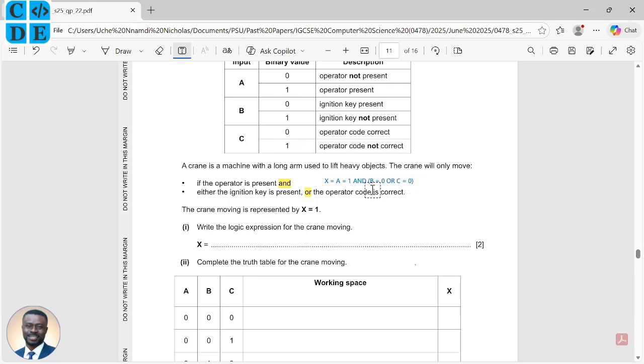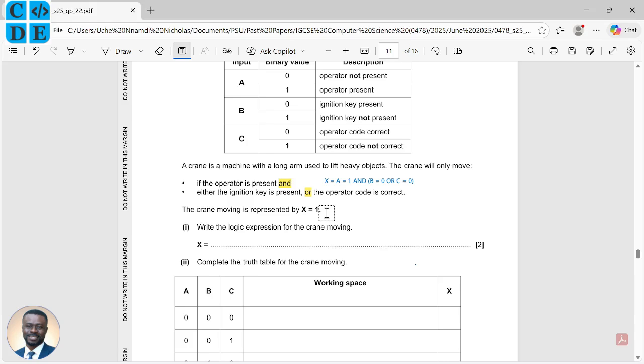Now, if we truly do it this way, we would realize that when we do OR 0 and then AND it with the result of 1, this will give us 0. So it's not going to truly give us the one that we actually expect. Take note that number 1, the output S equals 1 means that the crane moves.